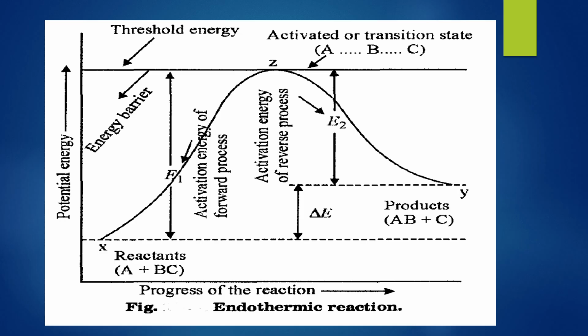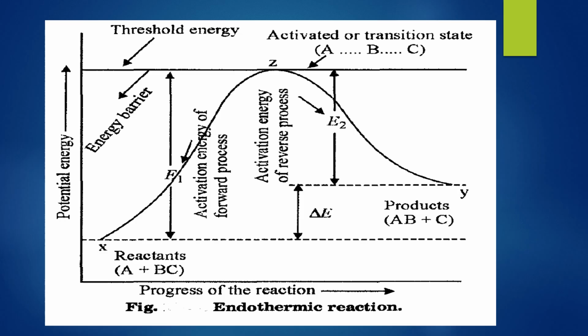Either it may proceed in the forward direction giving the products of AB plus C type, or the transition state, where the activated molecules have extra energy, can give back the original stage, a single molecule A with the BC molecule as the second type of molecule. So both these things are possible.